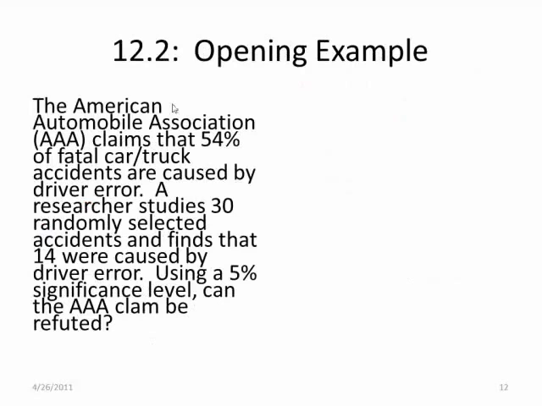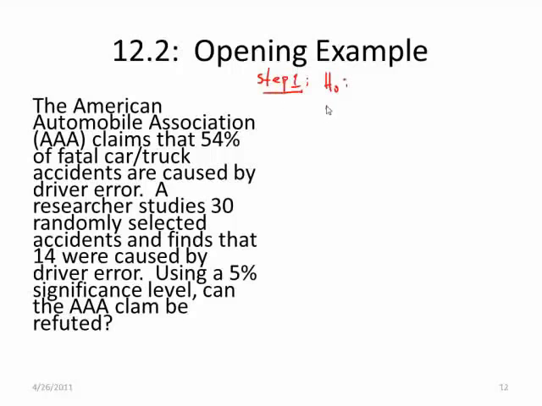So we can come back here to this problem. Step number 1 is we need to state the null and the alternative hypothesis. Now again, this is going to be with proportions. The American AAA claims that 54% of fatal car-truck accidents are caused by driver error. Using the 5% significance level, can the AAA claim be refuted? So is this going to be our alternative hypothesis or our null hypothesis?